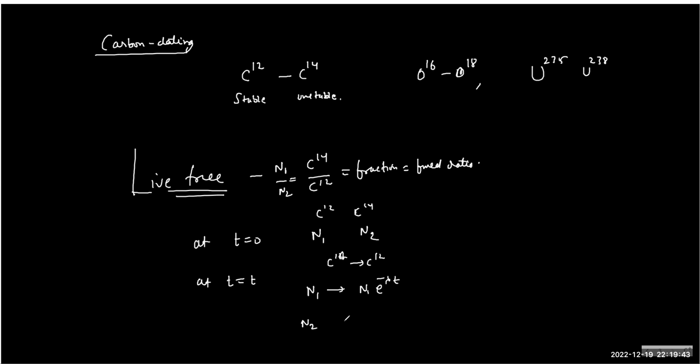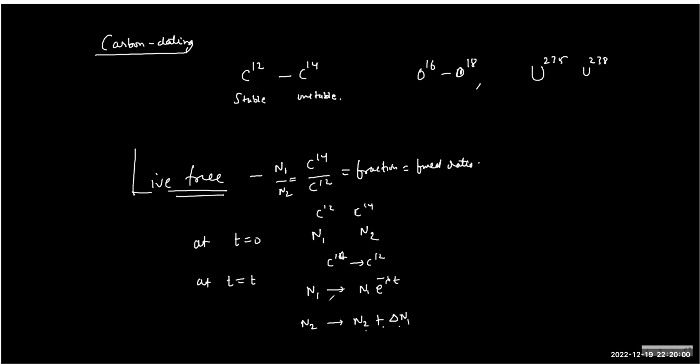What will happen to N2? N2 will get all the decayed nuclei, isn't it? So N2 becomes N2 plus delta N1.